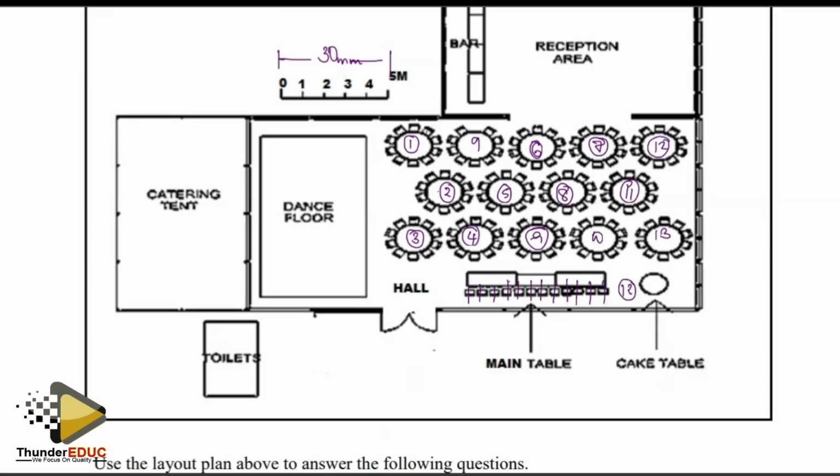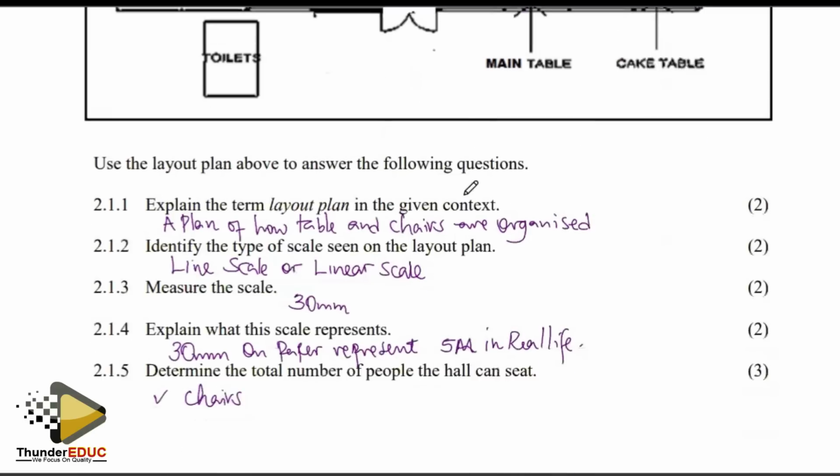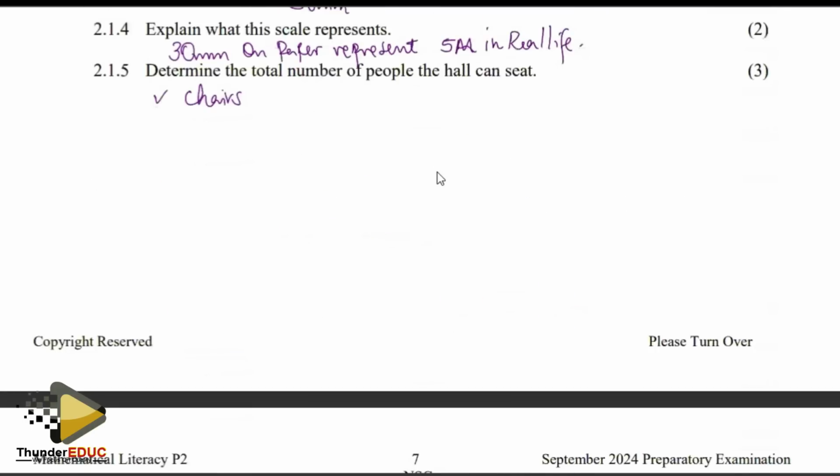So of the 13 tables, each carrying 10, in our counting we shall say 13 times 10 plus the 12 plus the 9, which is 130 plus 22, which becomes 152.